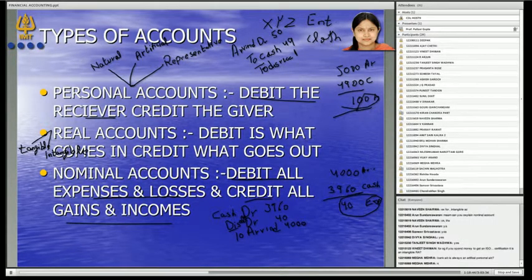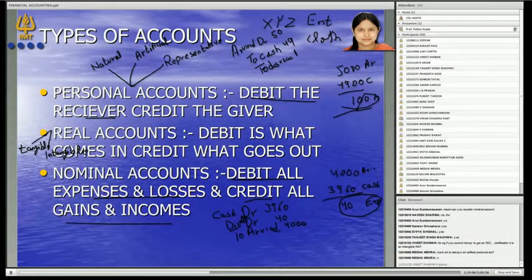If ISO certification is treated as the asset, or if it is treated as the expense, if it is an expense, it is a nominal account. If it is an asset, it would be a real account. When it is treated as a fixed asset, then it should have a life of more than 12 months. So it depends how it is treated in the business.